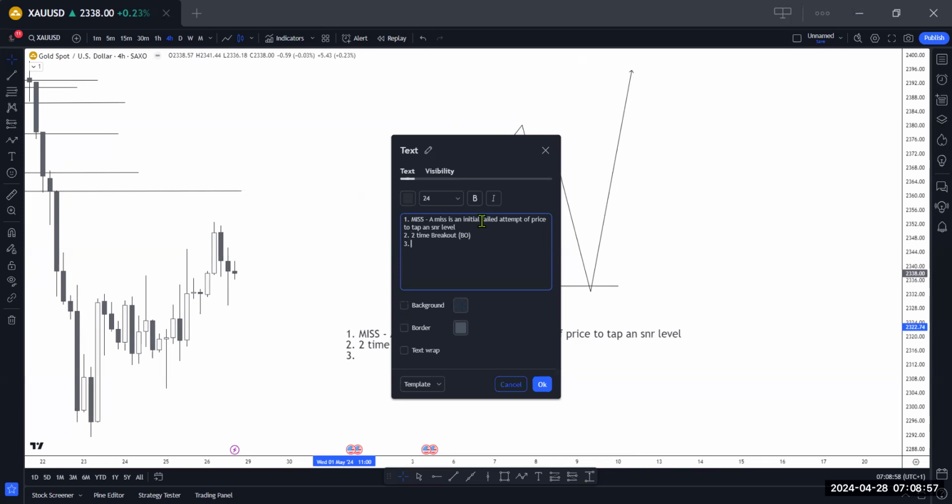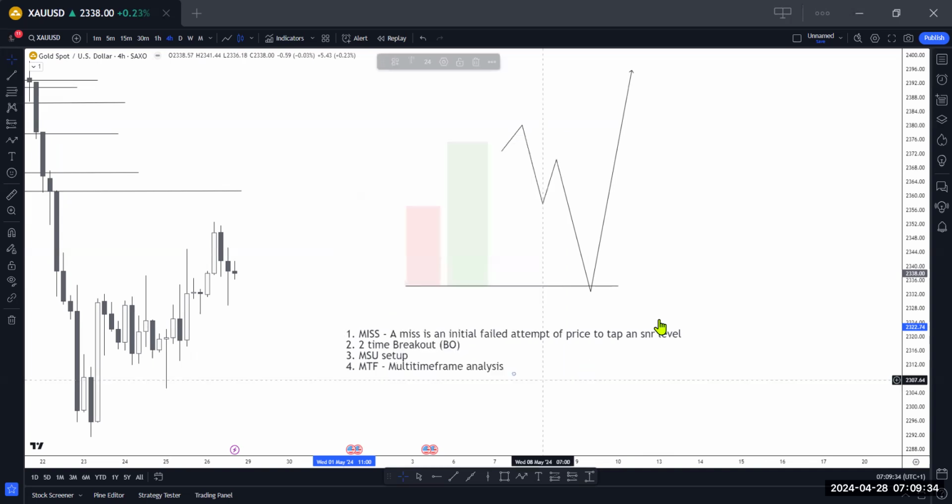Another way to validate an SNR level is when it comes with an MSU setup. That's the other way to validate SNR. And the last way, which I'm not going to mention now but later on as we continue, is MTF, which means multi-time frame analysis. We'll talk about it later.